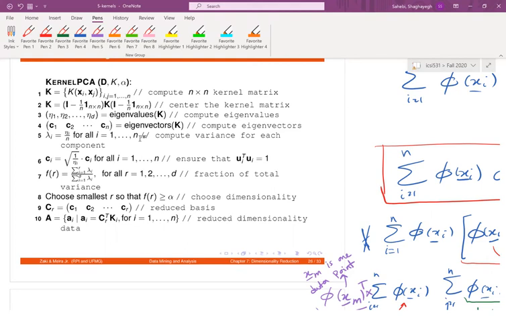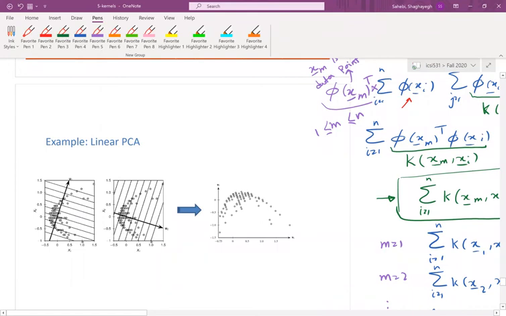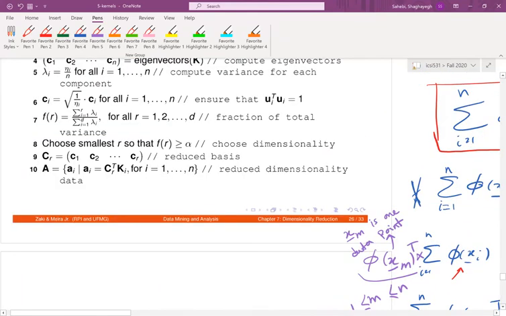And in line 10, we are projecting all of our data into the new axes, the new u_i's, without calculating the u_i's, but just by calculating c_r transpose times the kernel row for each of our data points, and that is going to give us the reduced dimensionality of our data. Okay, this is what we have done in our calculations also.